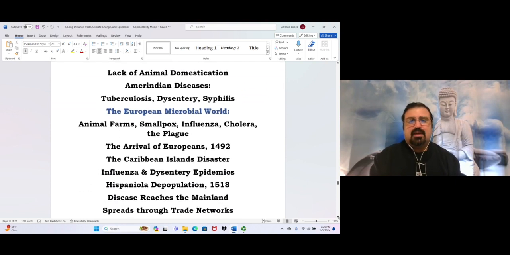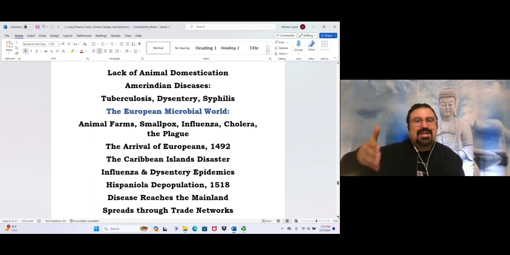Another issue is the lack of animal domestication. And the fact is that in the Americas, we're not going to find the kind of animal species that lived in other areas of the world. In other words, here in the American continent, we don't find, for example, cattle. There's no horses, sheep, goat, hens, pigs, and so on.